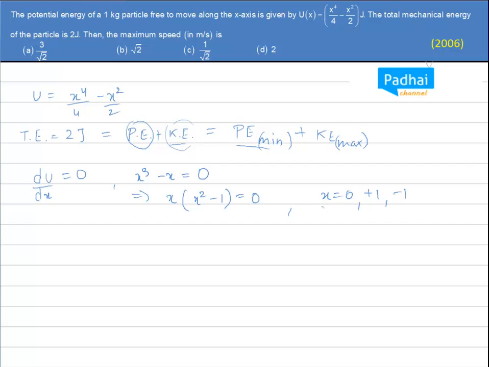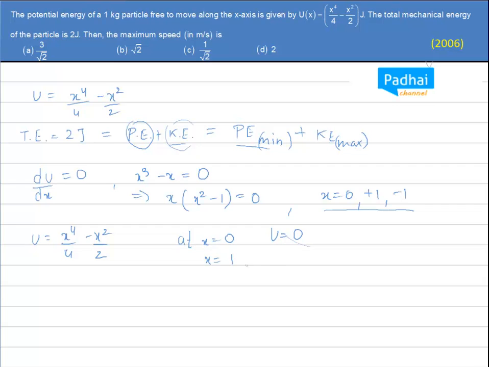Now these values will give the maxima or minima, right? So let us calculate the values of potential energy at these points, and whichever point gives us the minimum value will be the minimum potential energy. So u is equal to x raised to the power 4 by 4 minus x squared by 2. If I put x equal to 0, u will be equal to 0.